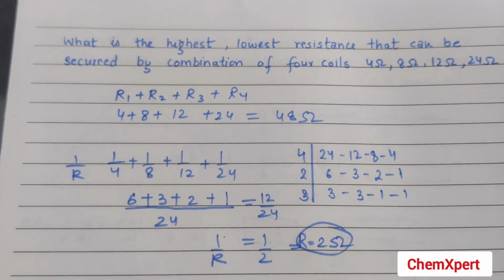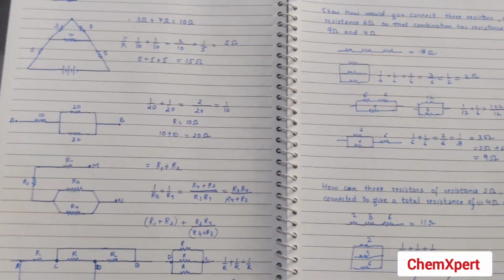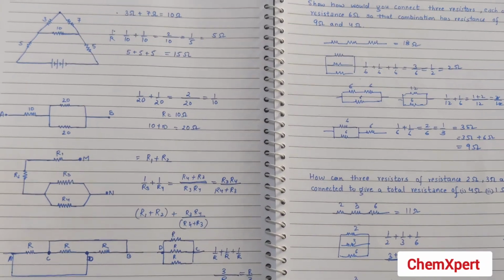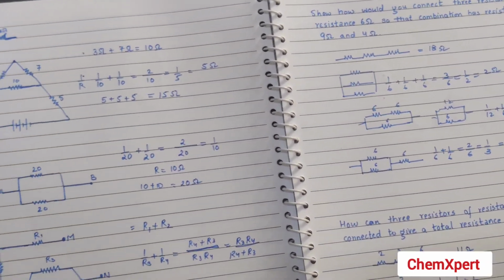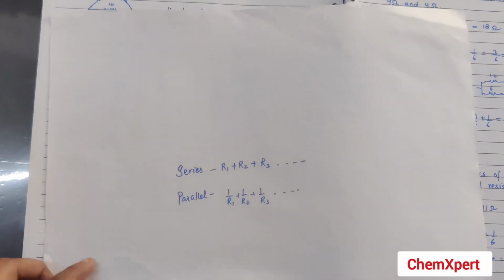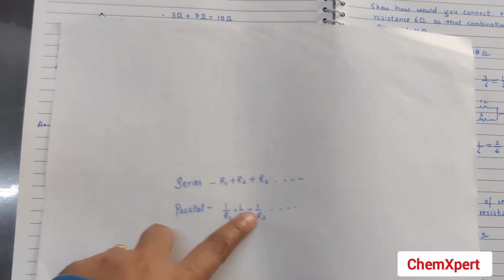So these are the numericals which are frequently asked in the board exam related to resistance. The first way is to find out, you must know the relation between series and parallel, which is just a sum total in a straight way and in a reciprocal way.